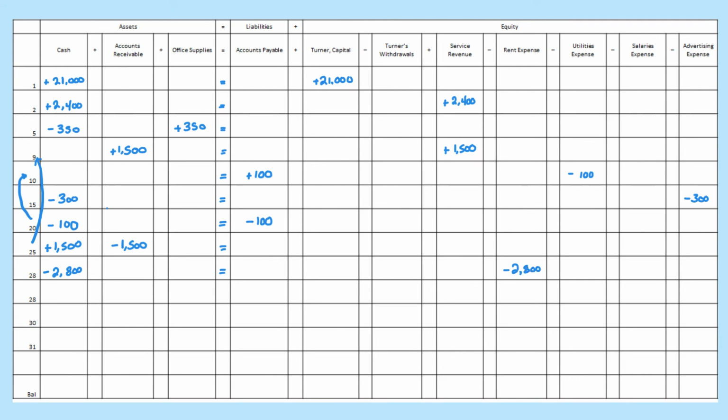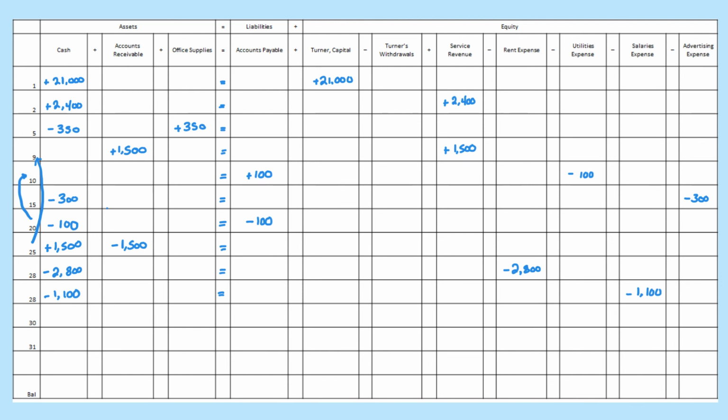On December 28th again, paid 1,100 to assistant for wages. Paid means your cash will go down by 1,100. Wages means salaries expense, so it will decrease your equity by 1,100. Again, your accounting equation is balanced. On December 30, received 2,800 cash from customers for services performed.